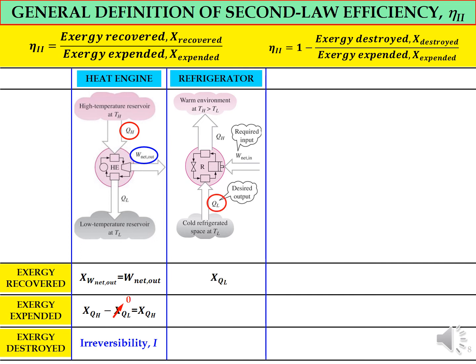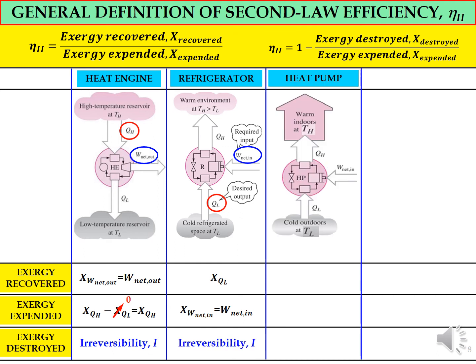XQL is the exergy recovered, and X W net in equals W net in, the work net in, with irreversibility I. Now we look into the heat pump. XQH is the exergy recovered, and X W net in is equal to W net in.